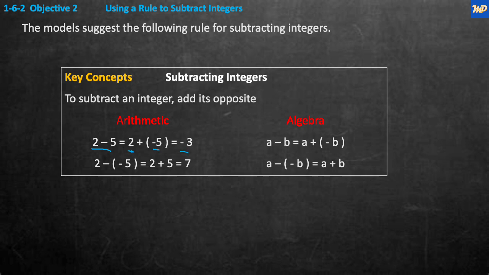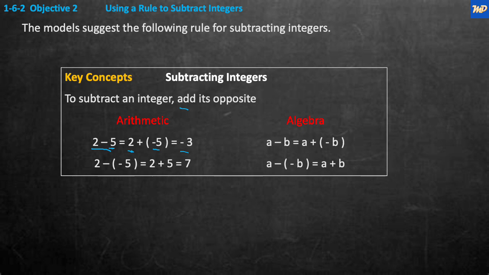Or you could say 2 positives minus a negative: 2 minus negative 5 is equal to 2 plus, so we're going to add its opposite. To subtract an integer, add its opposite. In both cases we're adding an opposite. Here's the 5, and we're going to add its opposite.